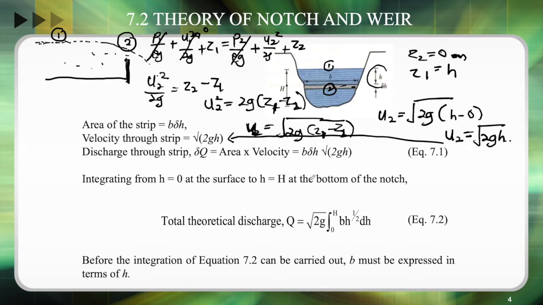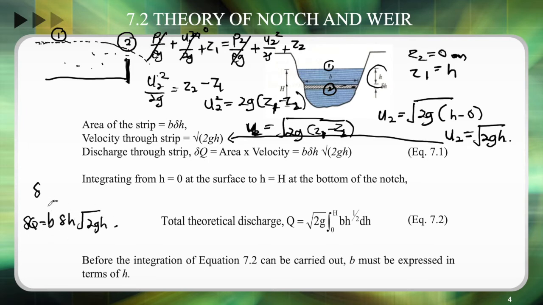So that is what capital H represents. So delta Q equals B delta h times the square root of 2gh.